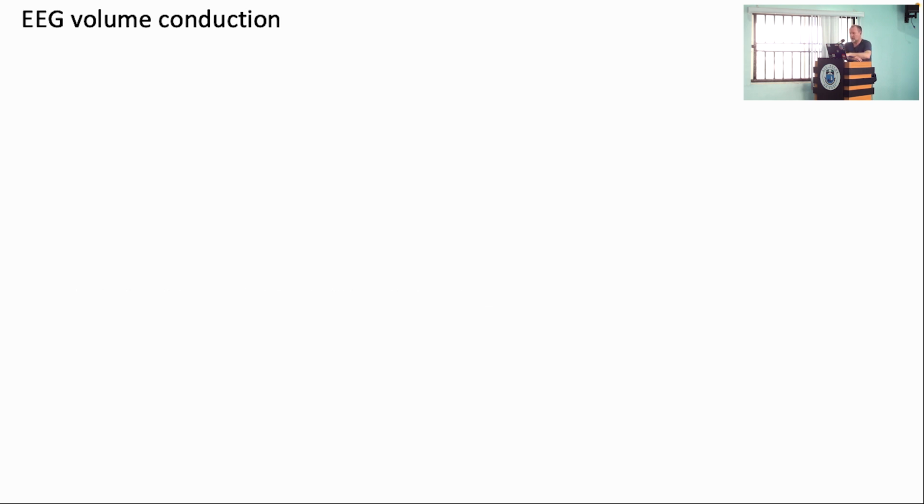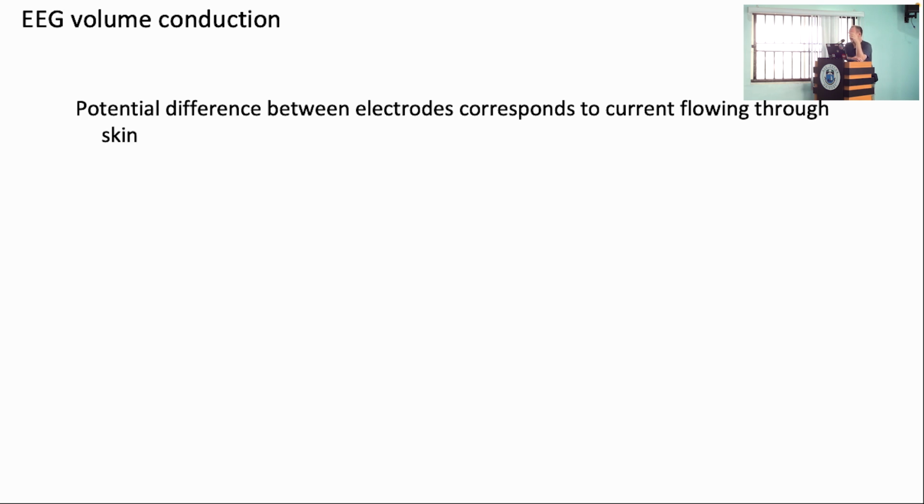I've already said that, so we're looking at volume conduction of the EEG. And earlier this week, we explained that with EEG, we're measuring the potential difference between electrodes that we place on the scalp. And these potential differences basically relate to the currents that are flowing through the skin or through the scalp. However, the skull is very poorly conductive.